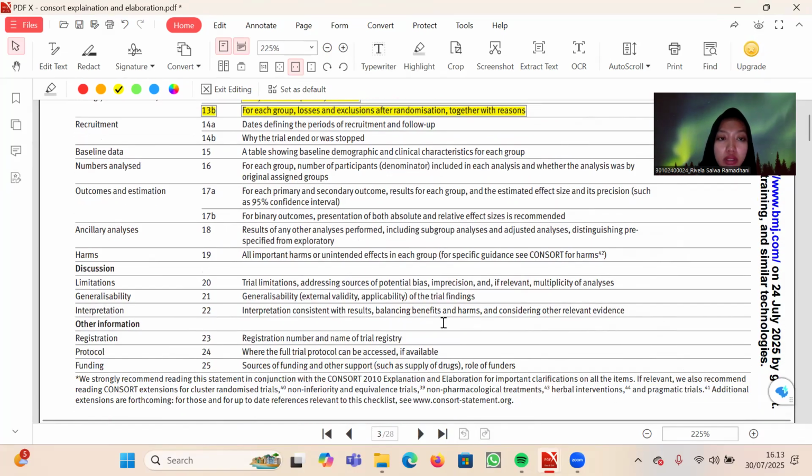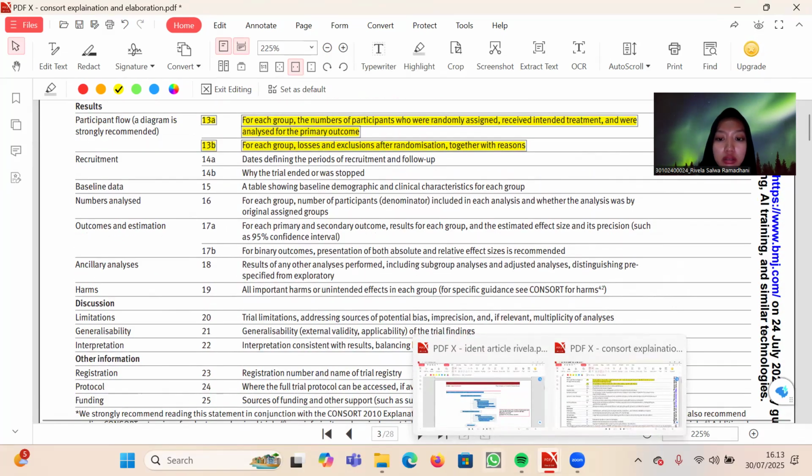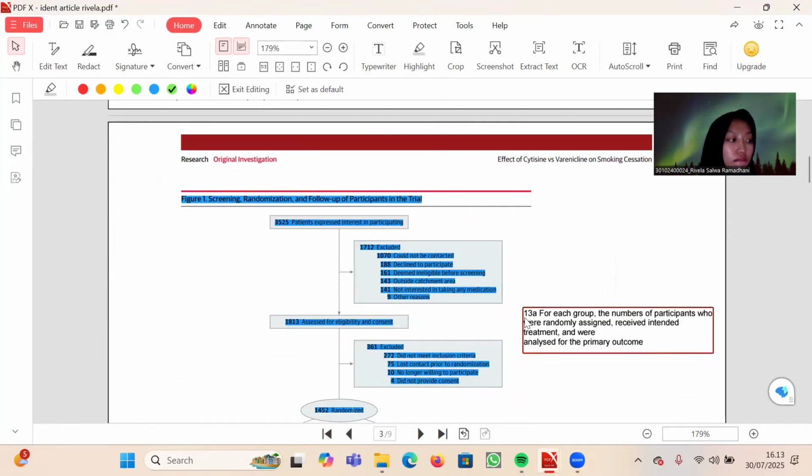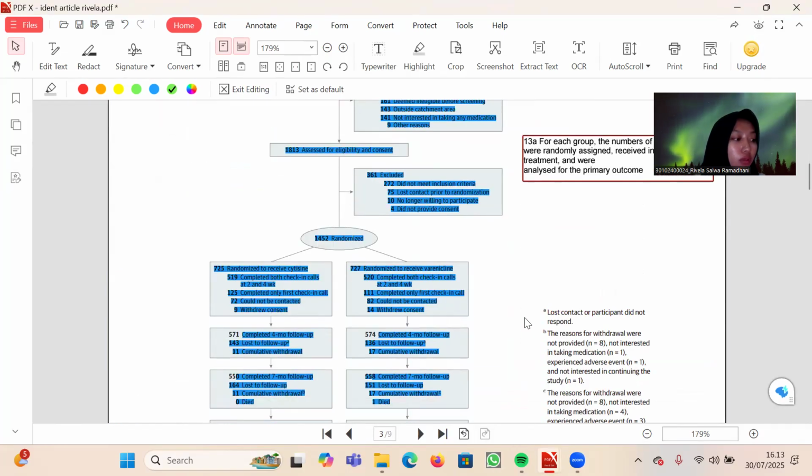Next for 14A, the recruitment period. Recruitment took place from November 2017 to May 2019.